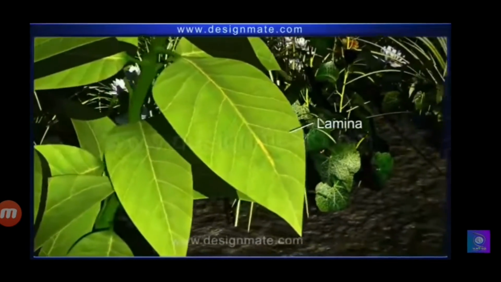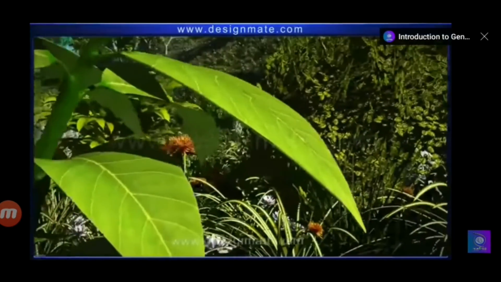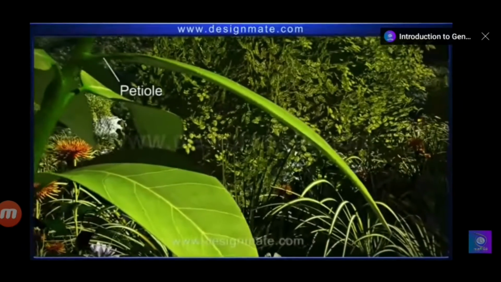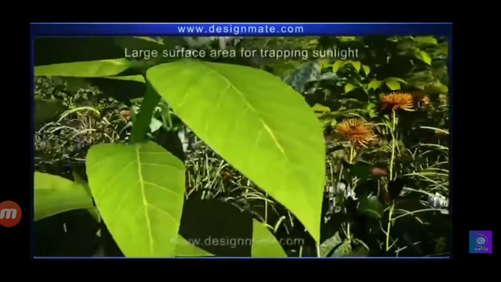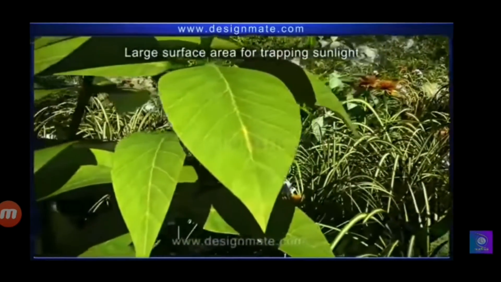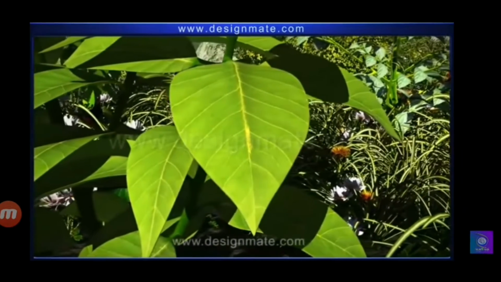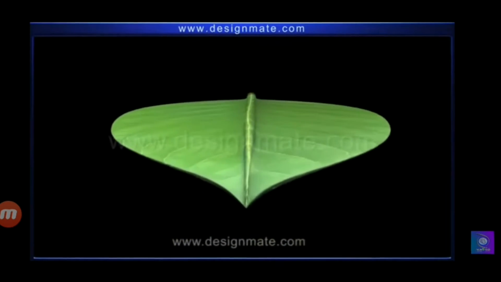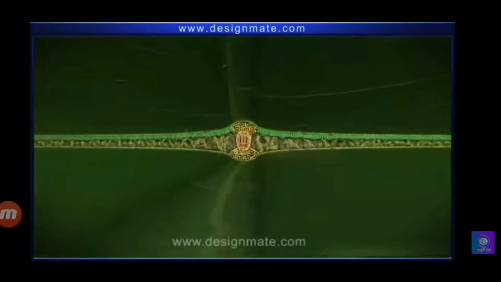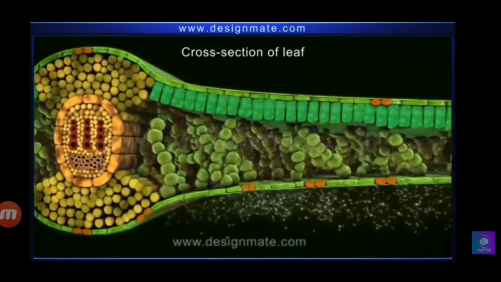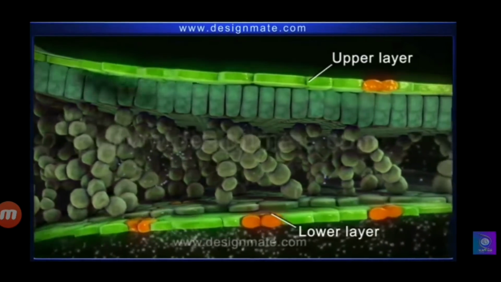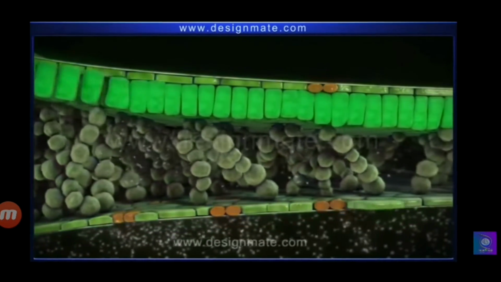It occurs in the leaf lamina, which is joined with the stem by the petiole. A large surface area for trapping sunlight is very important for photosynthesis. If you look at the cross section of the leaf, you will find one upper layer and one lower layer.